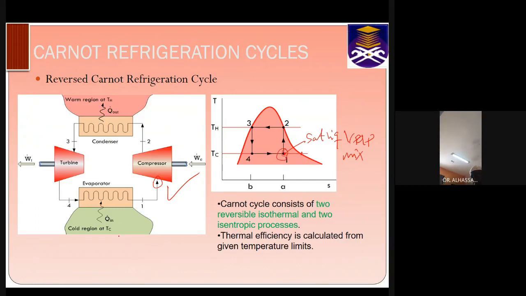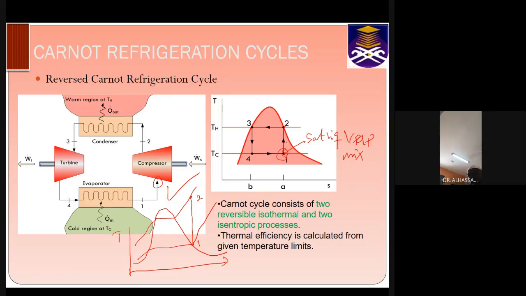So the modified TS diagram for the refrigeration cycle behaves like this. The fluid enters at state 1 and goes up to the superheated state at state 2.